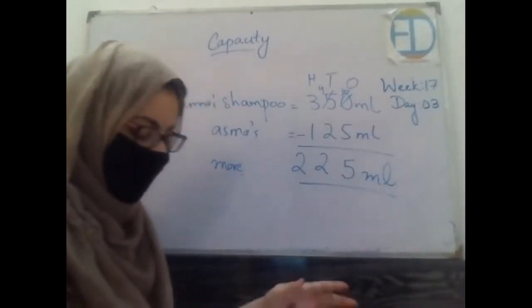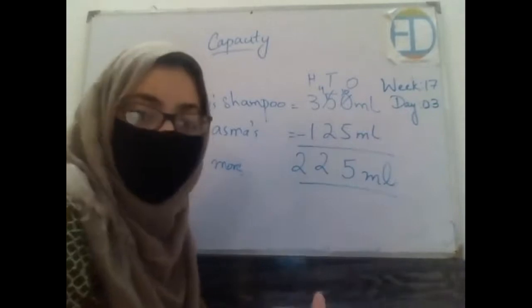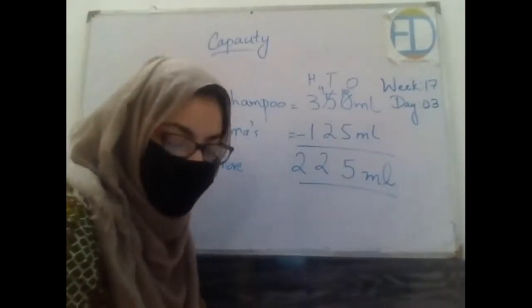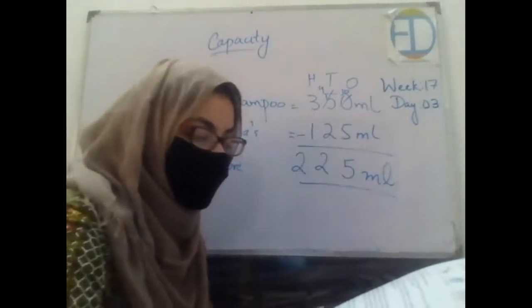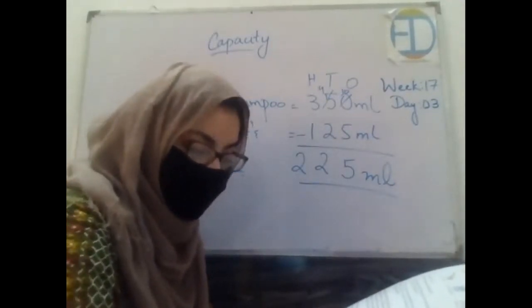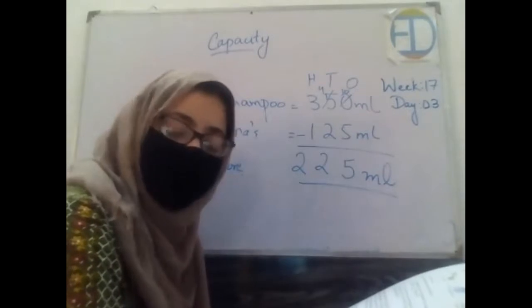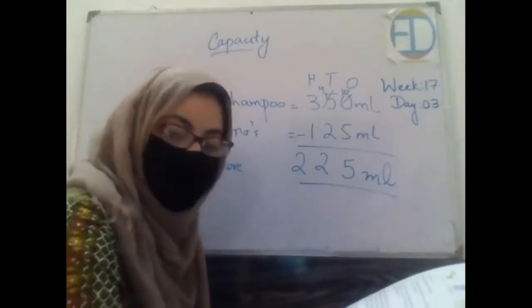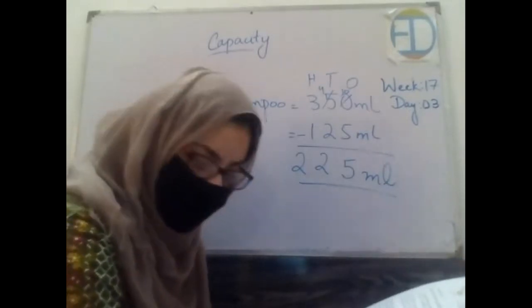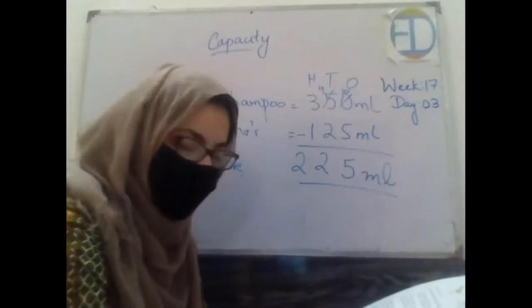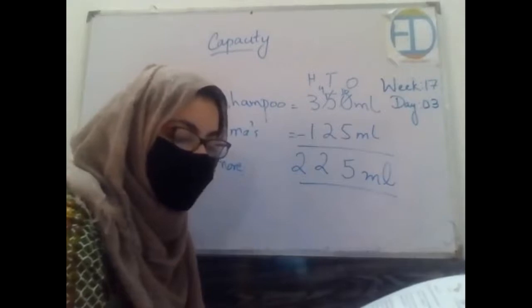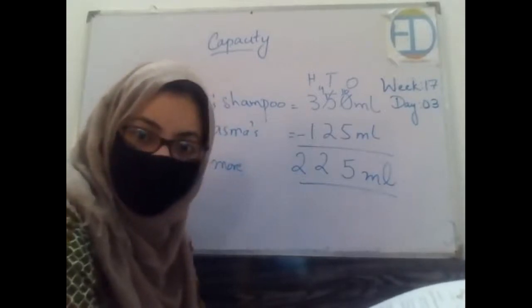Got it? Now the last question you will be doing by yourself and you will tell me the answer. So let's first write the data. Rahil's bucket can hold 450 milliliter. Write the data: Rahil's bucket is equal to 450 milliliter and Salman's can hold 375. How much water can the boys carry together?